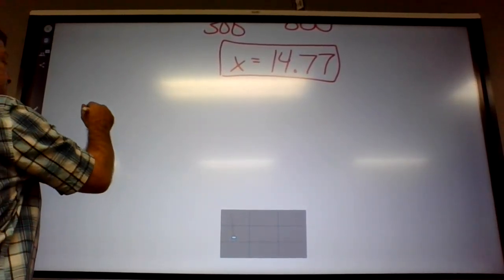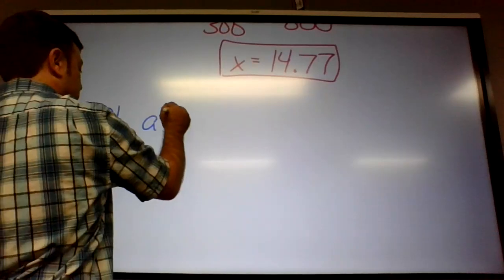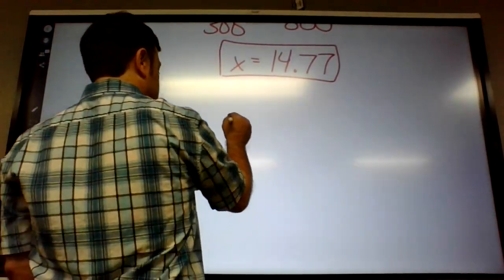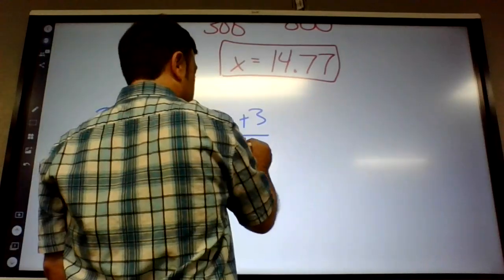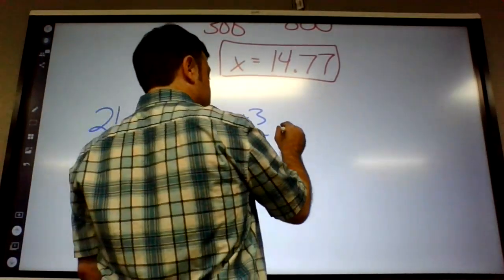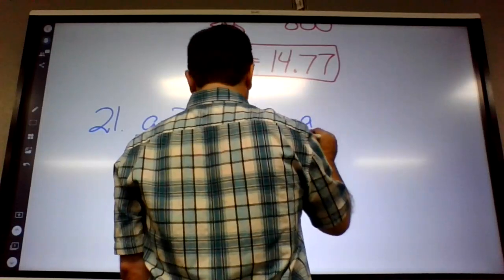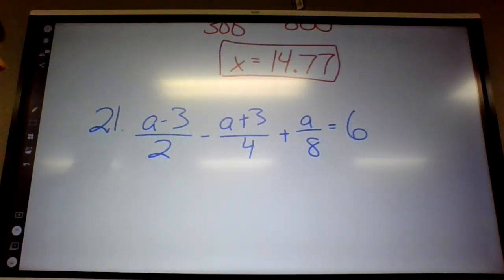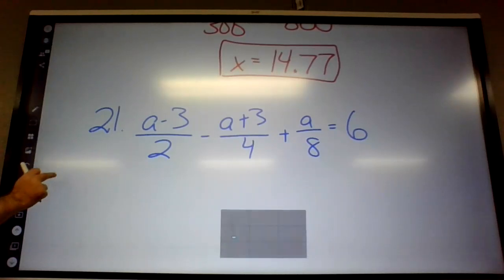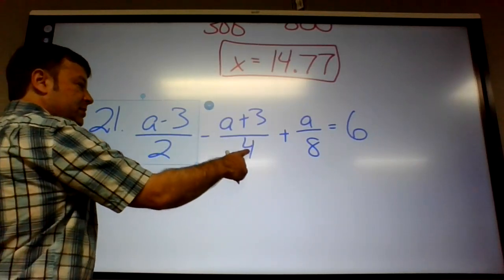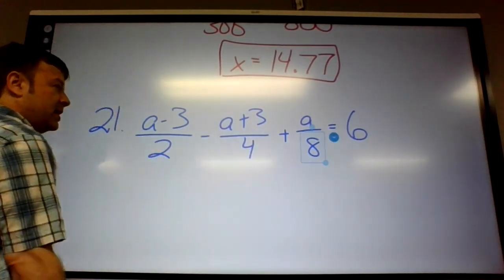A minus 3 over 2, plus A over 6, 8. All right. What's the common denominator? What do all the denominators go into? 2, 4, and 8 all go into 8.